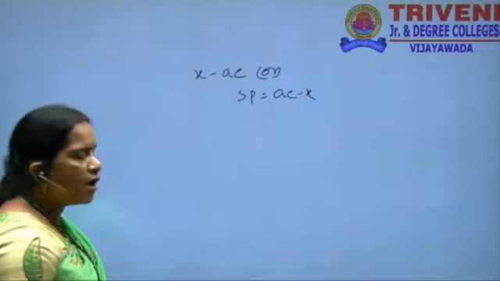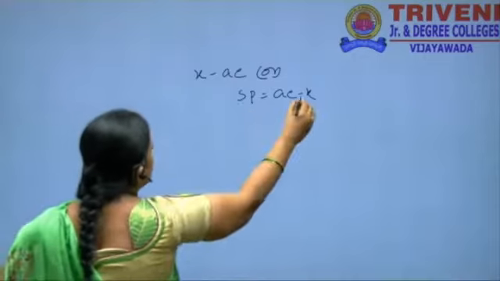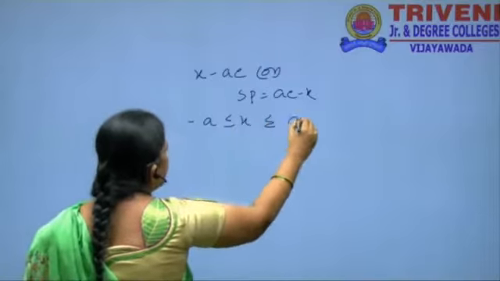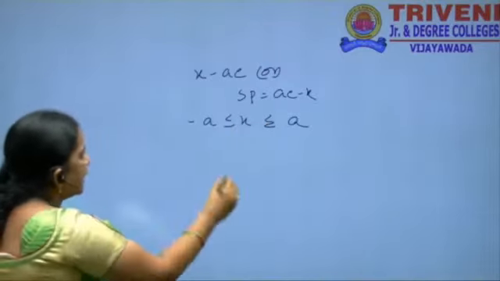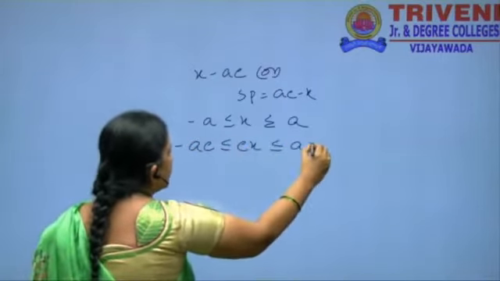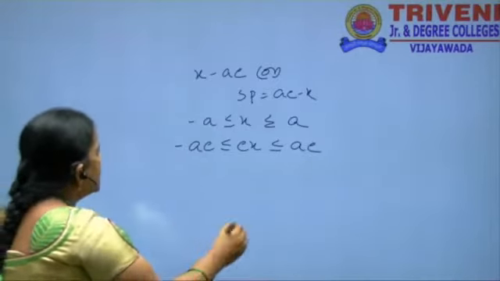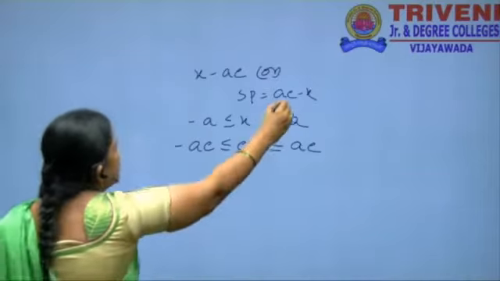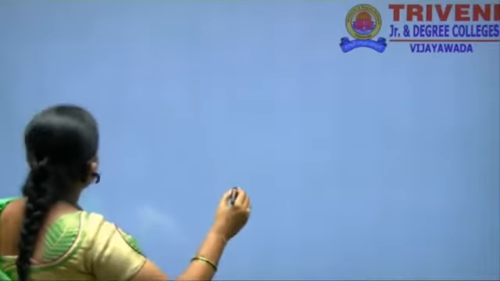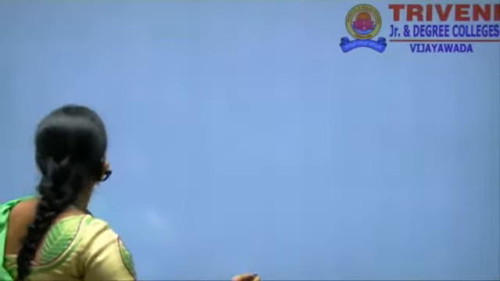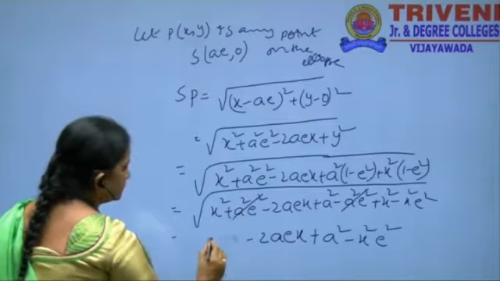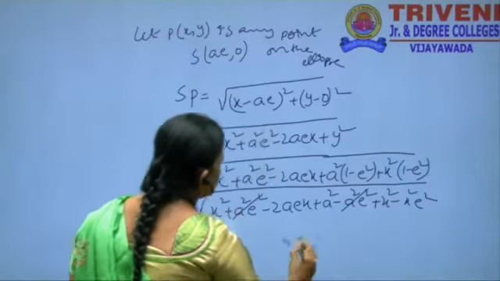We know that minus a is less than or equal to x less than or equal to a. Then multiplying on both sides, minus ae is less than or equal to ex less than or equal to ae. Then we have to find the value here.